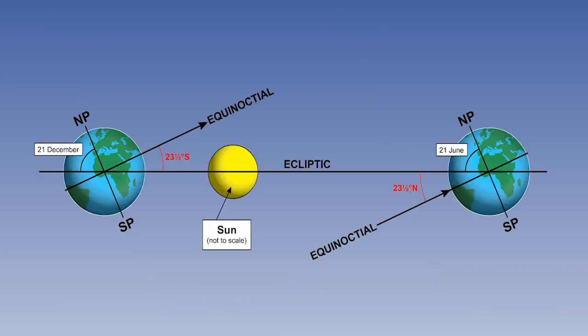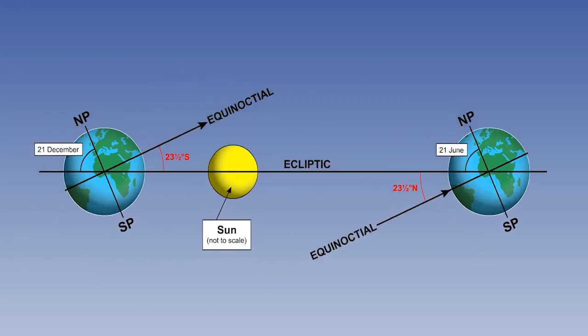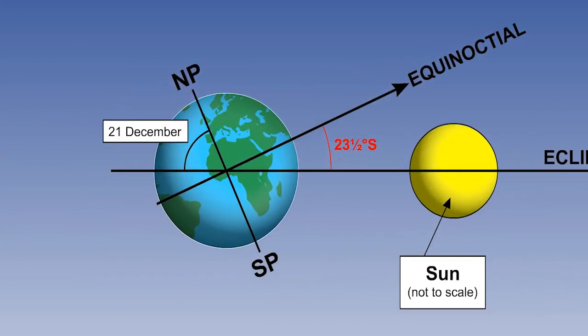What has changed, however, is its orientation relative to the Sun. In June, the line between the Sun and the centre of the Earth passes through latitude 23.5 degrees north. 6 months later, the line between the Sun and the centre of the Earth passes through latitude 23.5 degrees south.